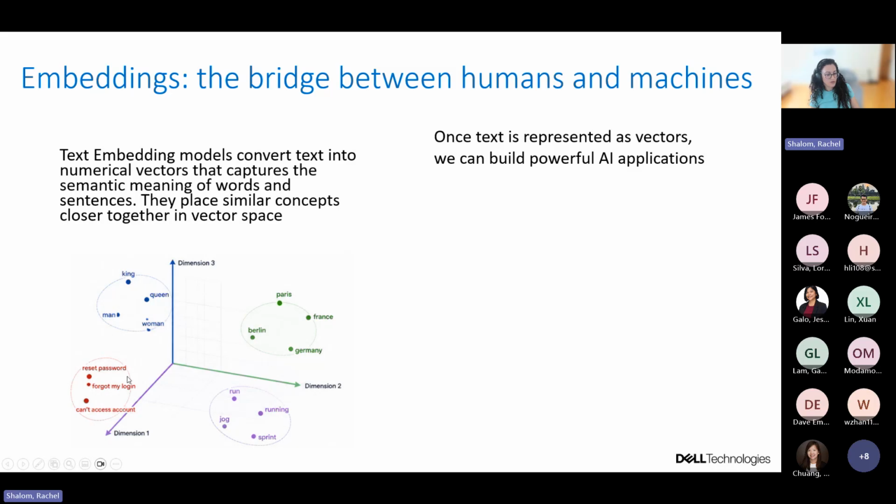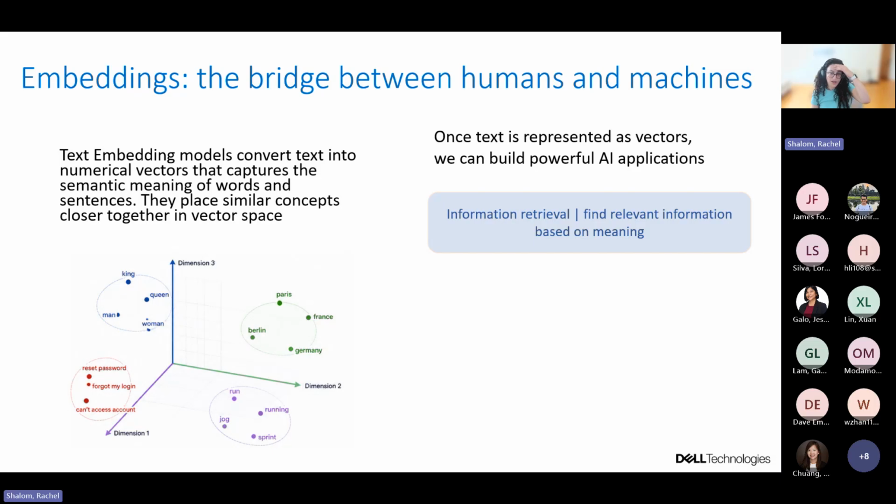As you can see here, pieces of text that have to do with password, login, or account will be closer to each other. Cities and countries will be somewhere else, and anything that has to do with running in a different place. It's obviously a simplistic representation, but just to get the meaning of it.